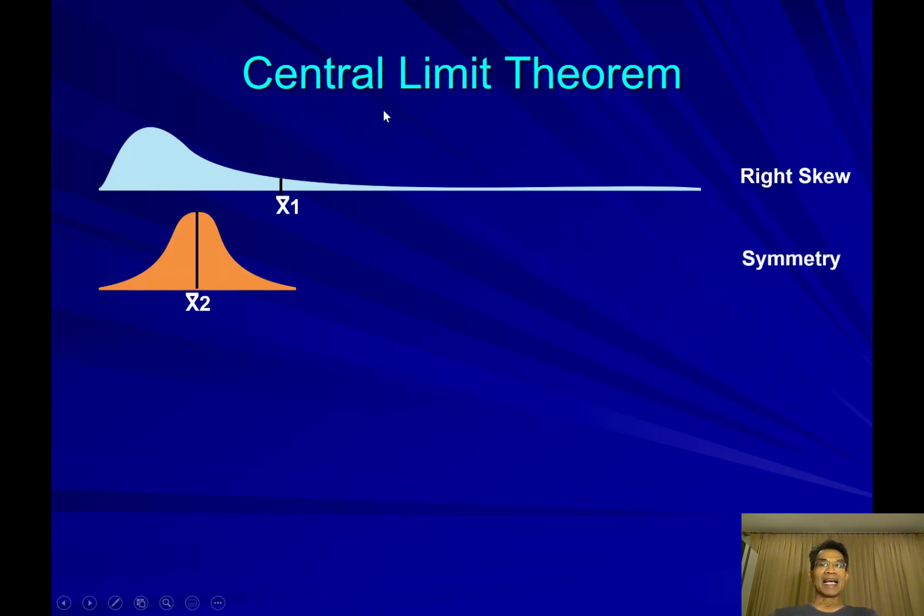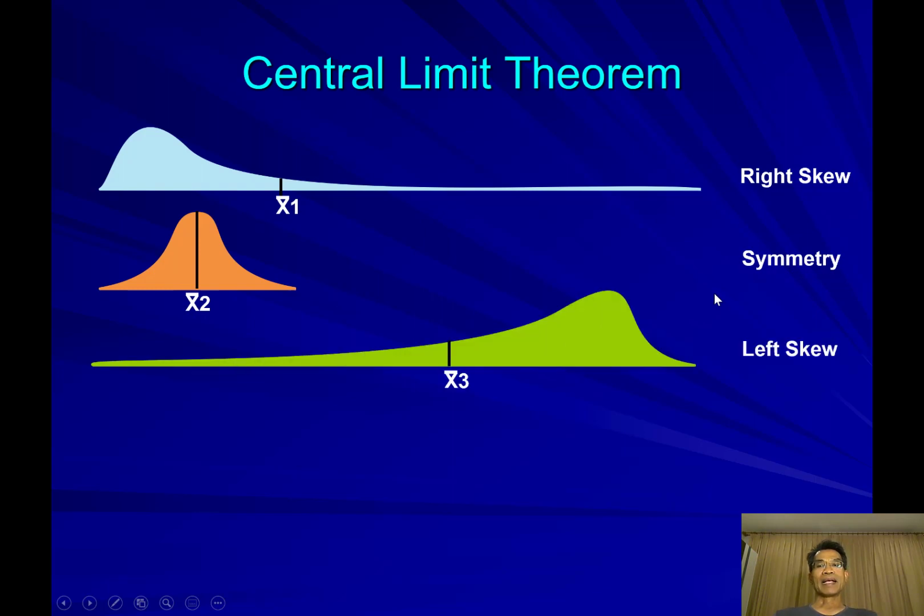If the income data is distributed like this, that means a few people are poor, a few people are rich, and most are in the middle class, for example. This is symmetrical. Now, if it's like this, that means a small proportion of people are poor and most of them are rich. We want our country like this.